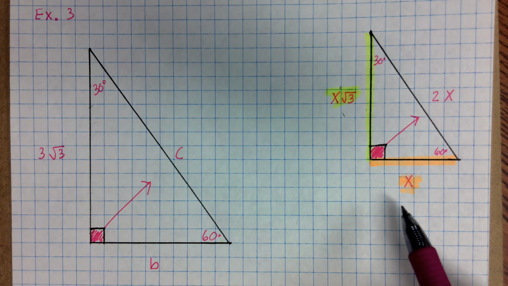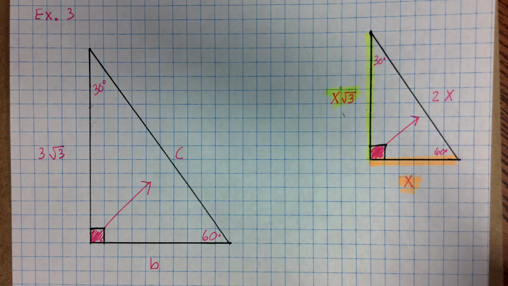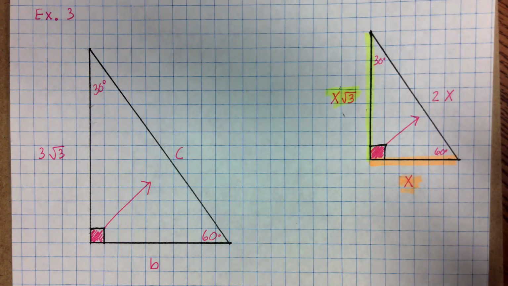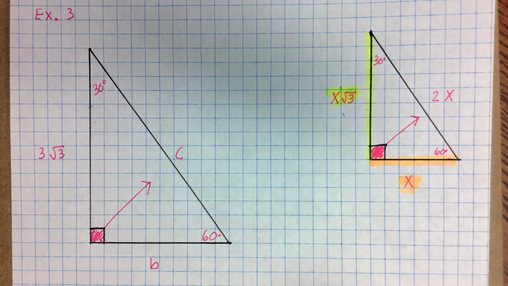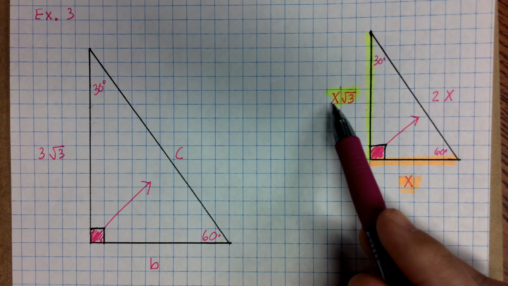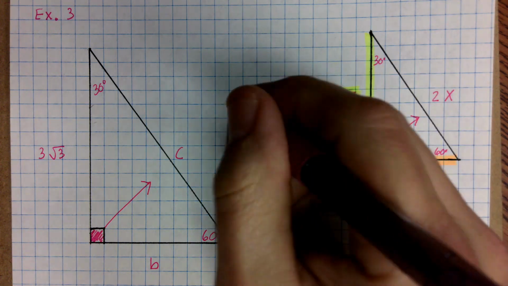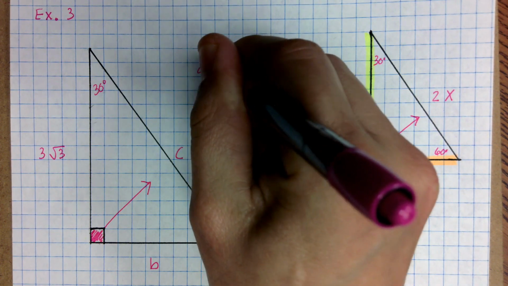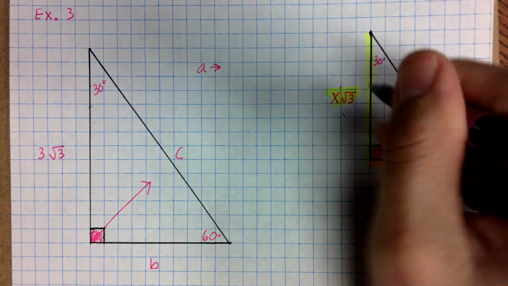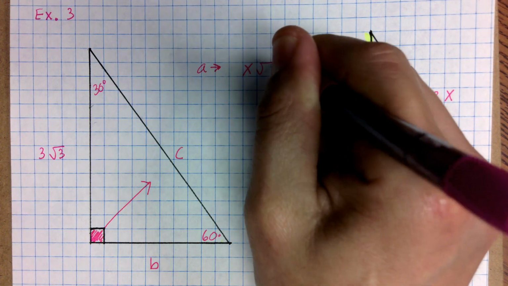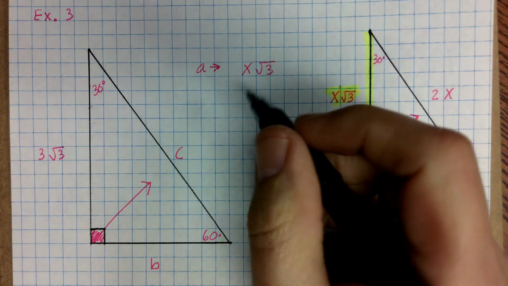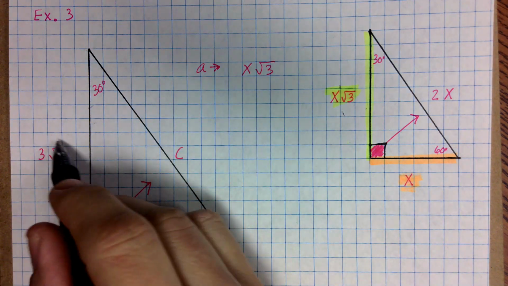So I'll start with finding b from there. What I'm going to do is I know b is simply equal to x. And if I consider that x times the square root of 3 is our a side, so a is x times square root of 3, I can simply look at this value that I have over here.